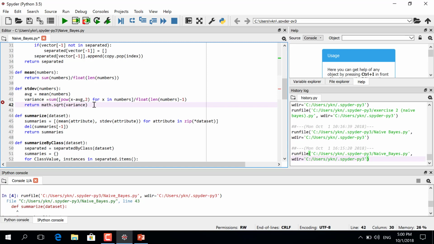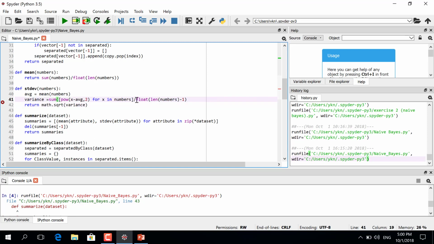So yeah, now we have another error: math, and what is the invalid syntax? Okay, let's see. Variance is equal to sum of pow x minus avg square for x in numbers. Yeah, now I remember.